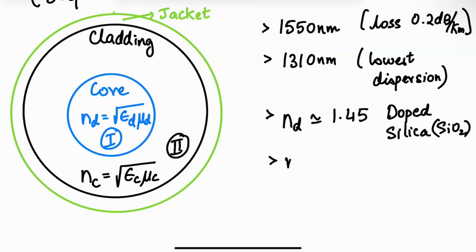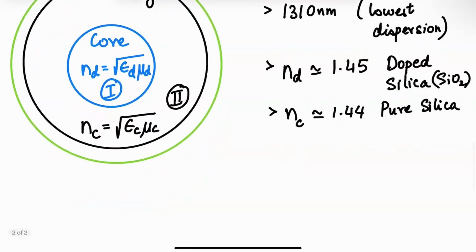The cladding, n c, is approximately 1.44, and this is pure silica. They're very close in their refractive indices, and that actually is quite significant. We'll see later what the importance is of making them almost equal.